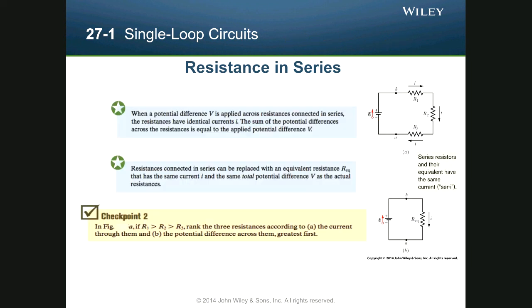Okay. So we have a checkpoint here with the same thing. When a potential difference is applied across resistances connected in series, the resistances have identical currents. We already established that when we talked about capacitors, right? The same charge would be on each capacitor, therefore the same charge per unit time, or current, would flow through.